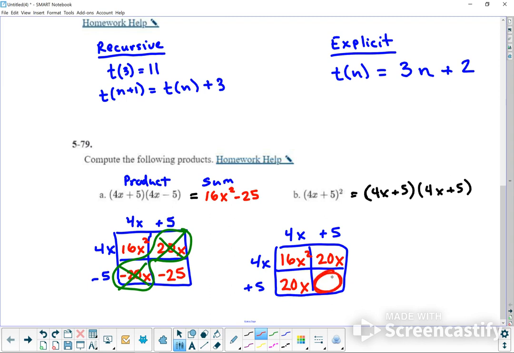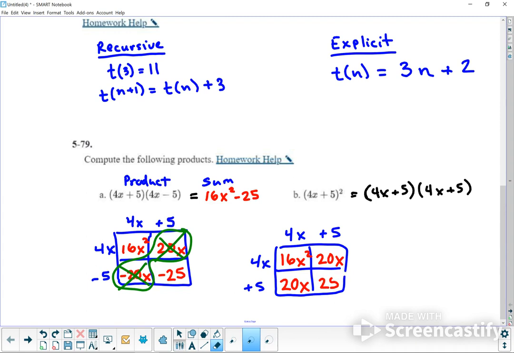And if I want to find out what's in here, when I want to find out what's in there, you have to use the positive 5, because that's what that is up there, times a positive 5, because that's what that is right there. So positive 5 times positive 5 is 25. That's pretty much it. Now you just have to put it all together.